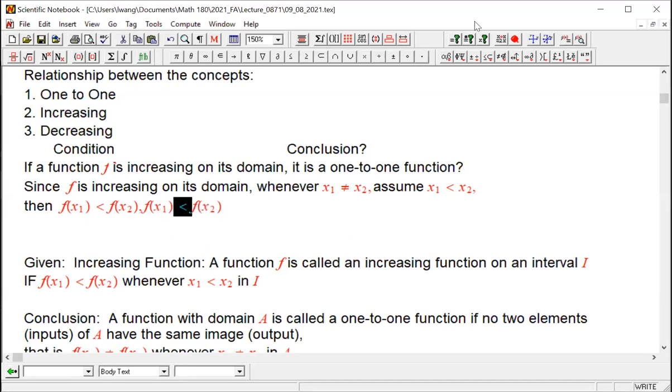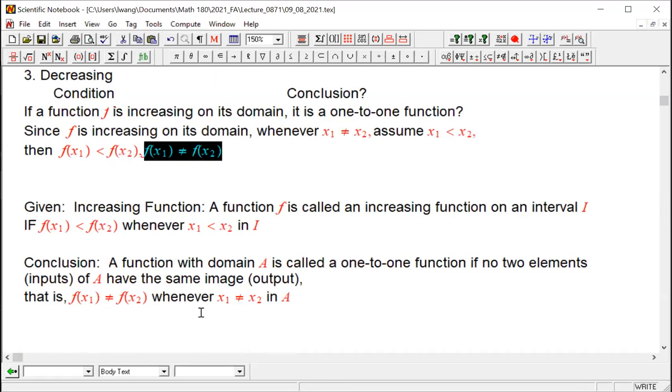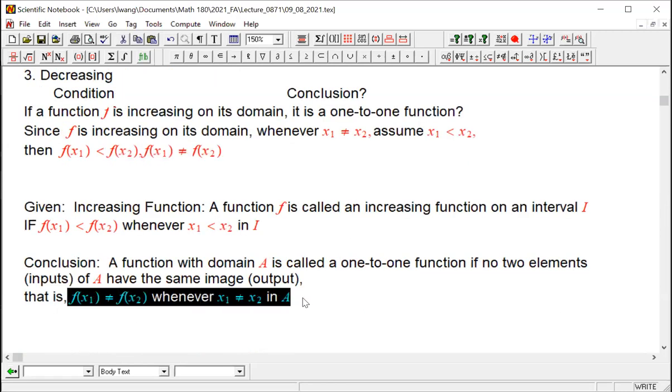It means they're not the same. So the part that's fitting for one-to-one is whenever x1 is not equal to x2, f of x1 is not the same as f of x2. That's all I need to fit the definition here. Do you follow me? So not equal to is a natural conclusion of less than, because if it's less than, they're not the same.